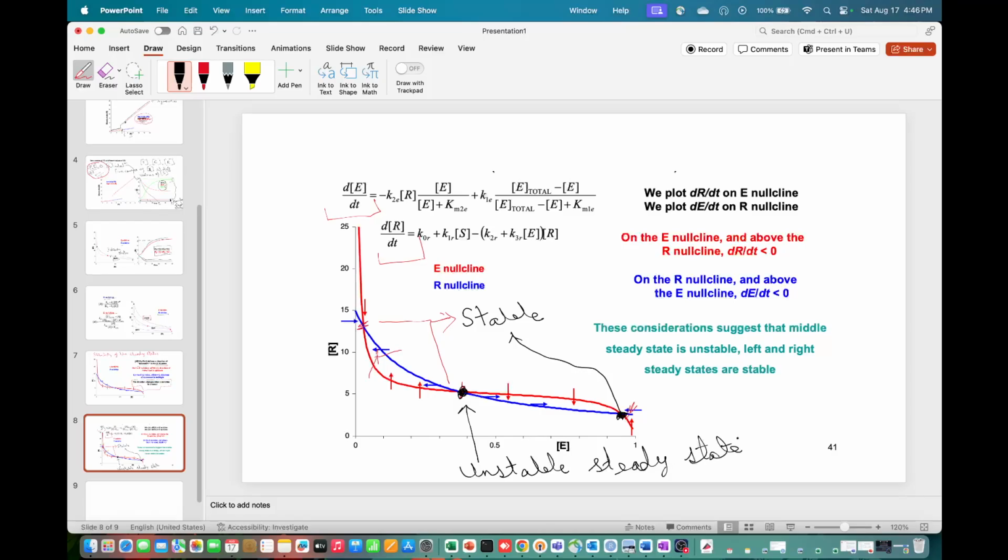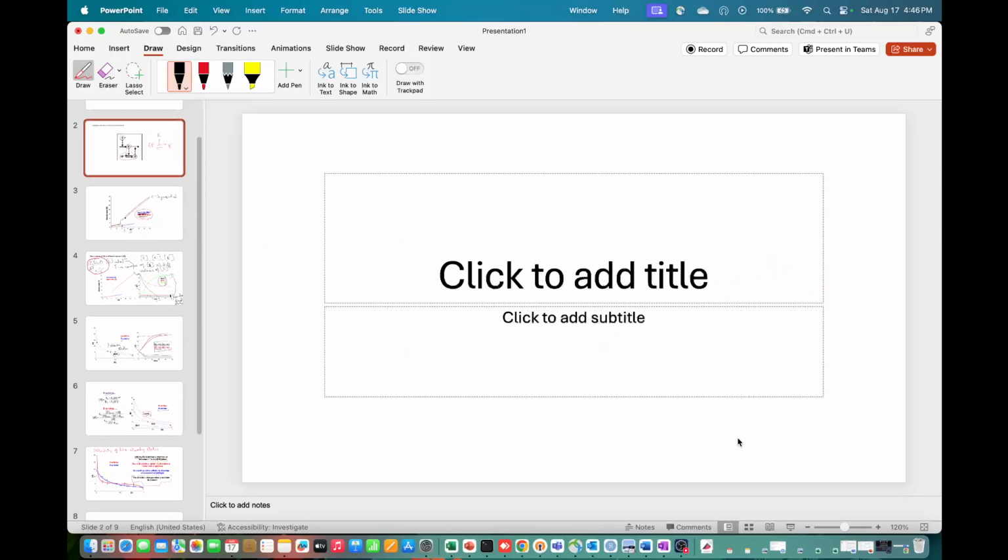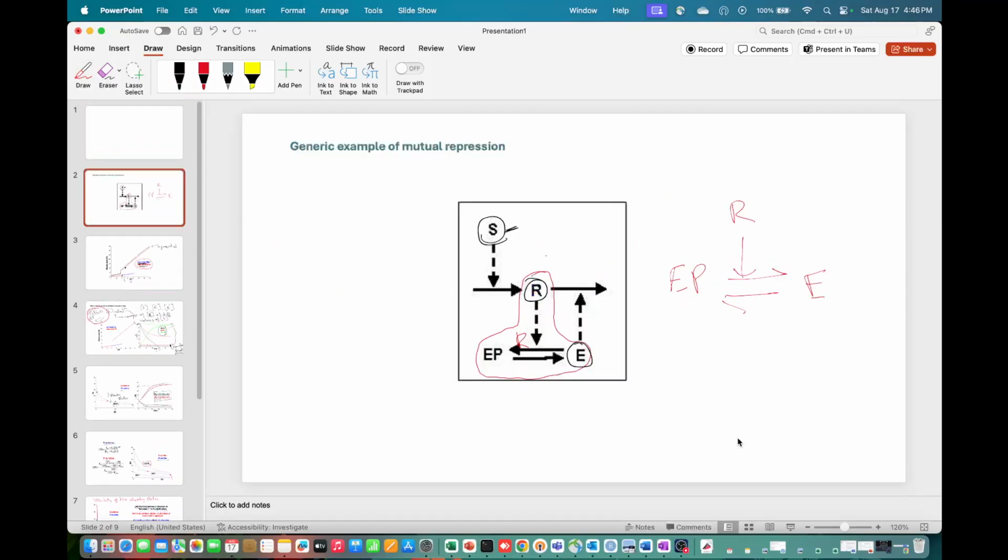Right. So what have we learned from the whole model and steady states and everything? The important thing to remember is basically, although your S is not changing, the concentration of S determines how R will behave across the system.